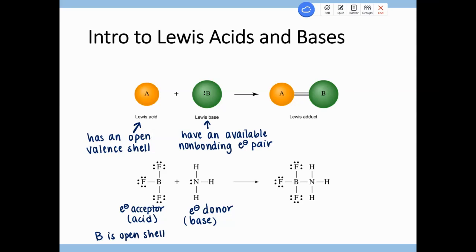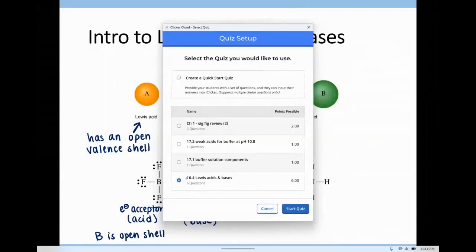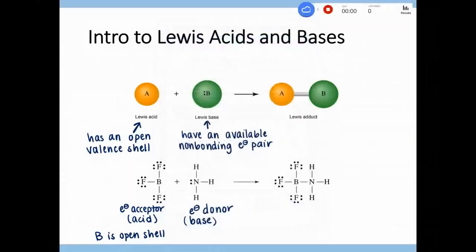All right, we will do the next slide as a learning track, so I will get that started. So you have 6 atoms, ions, or molecules. Classify them as a Lewis acid or base. Lewis acid can accept electrons, so something that is either open shell or could become negative.